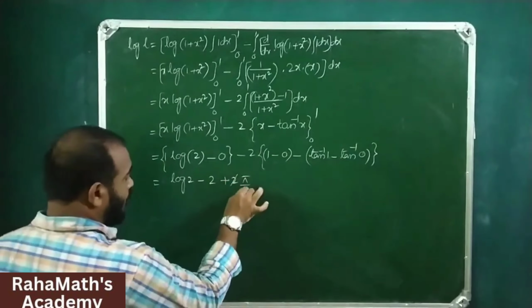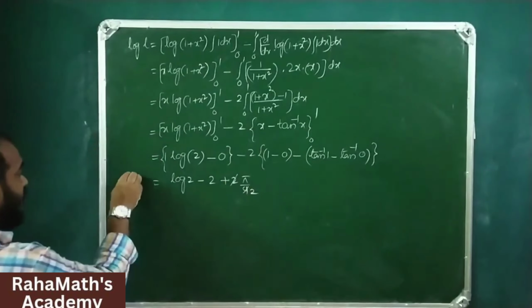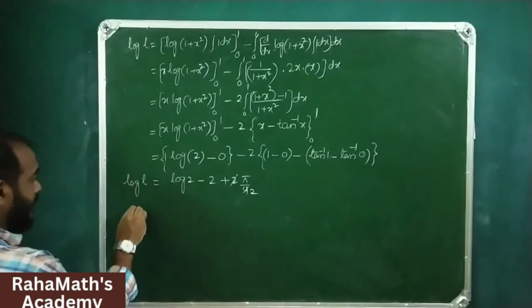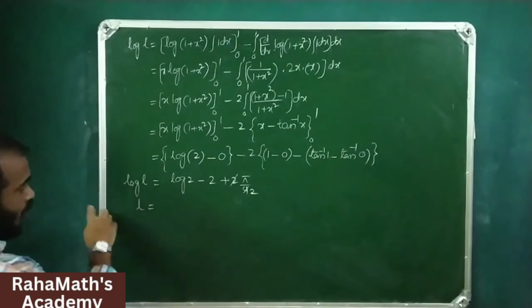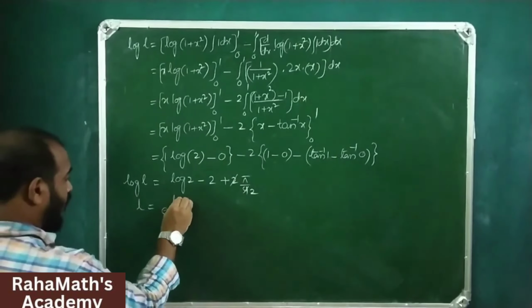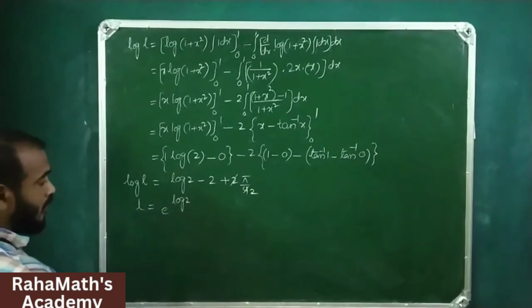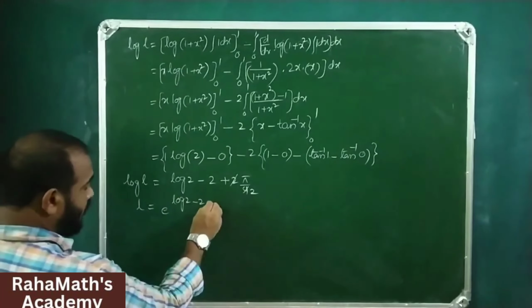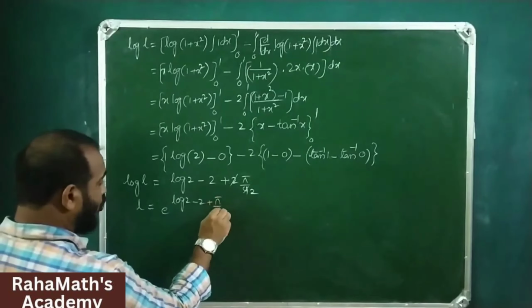This is log L. So L is equal to, if I shift to that side, e power log 2 minus 2 plus pi by 2.